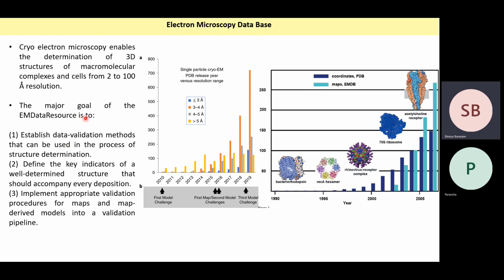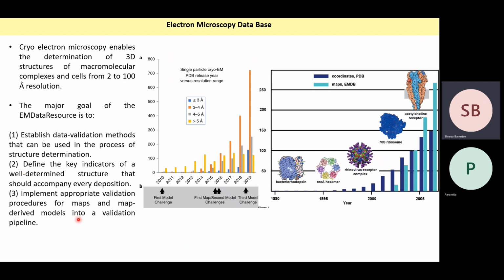The major goal of this database is to firstly establish data validation methods that can be used in the process of structure determination. Then define the key indicators of a well-determined structure that should accompany every deposition. And finally, implement appropriate validation procedures for maps and map-derived models into a validation pipeline.